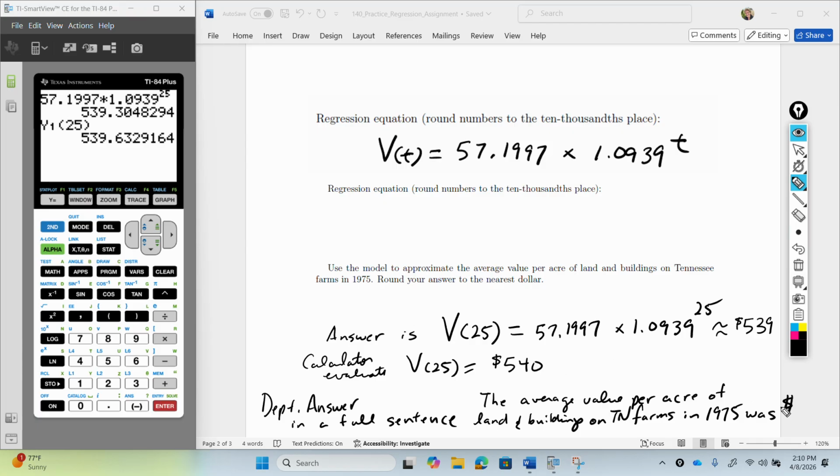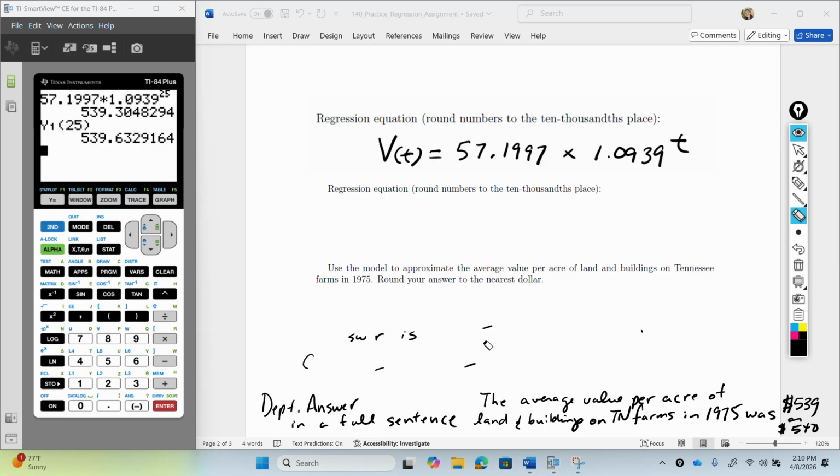The department will accept either one. Choose one though. If you calculate it by plugging 25 into the formula and punching that into your calculator, you would get 539. Or if you put it into the original equation and get your calculator to do the whole thing, you get 540. So none of this should be on your answer sheet.